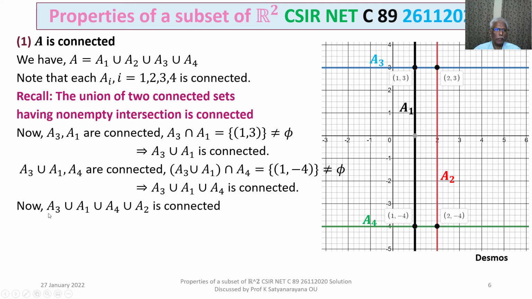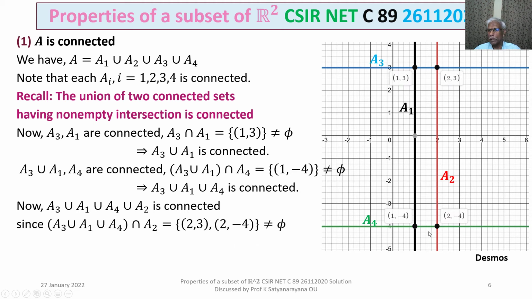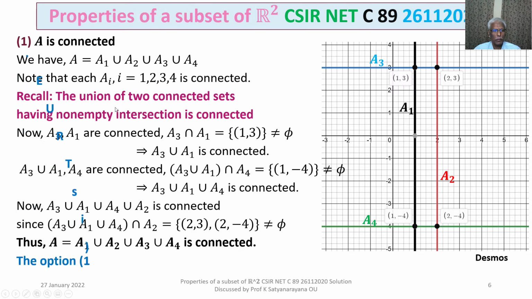Now, A3 union A1 union A4 is connected, and A2 is connected, and their intersection consists of precisely two elements, that is 2, 3 and 2, minus 4. That is not empty. And hence, A is equal to A1 union A2 union A3 union A4 is connected. So, the option 1 is true.